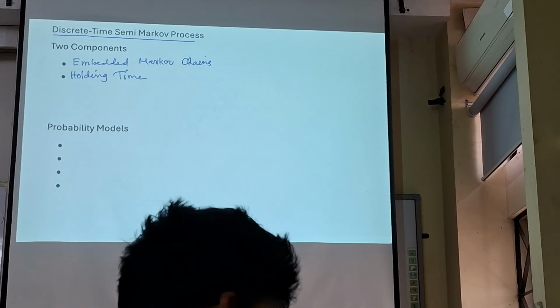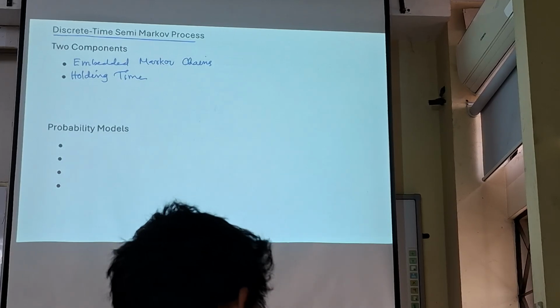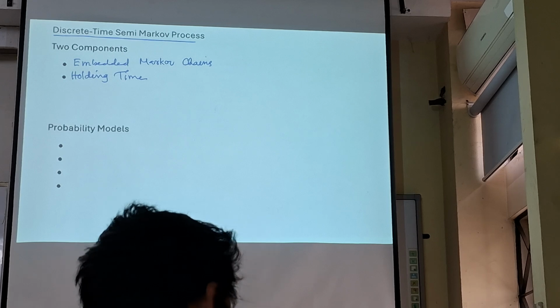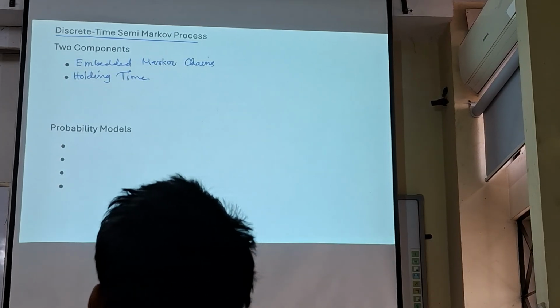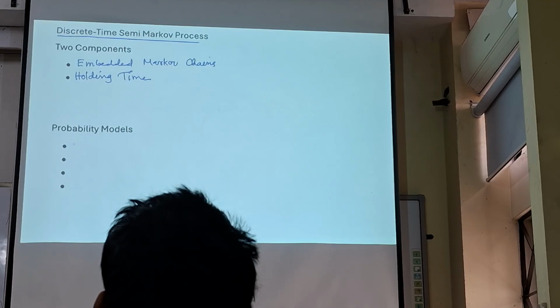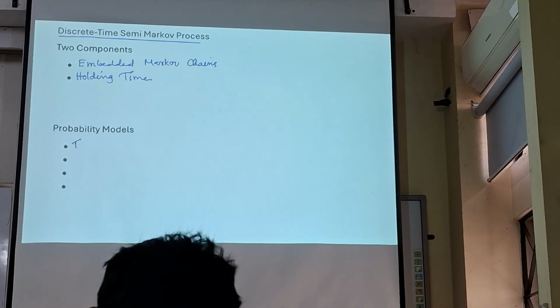The probability model associated with this semi-Markov process includes, number one, the transition probability matrix of the embedded Markov chain.